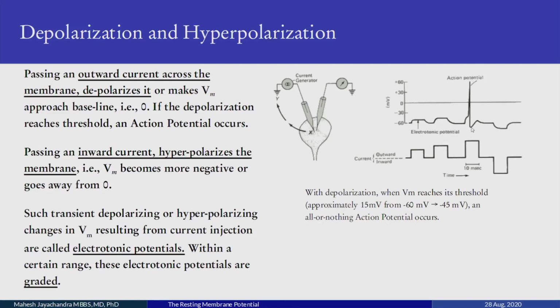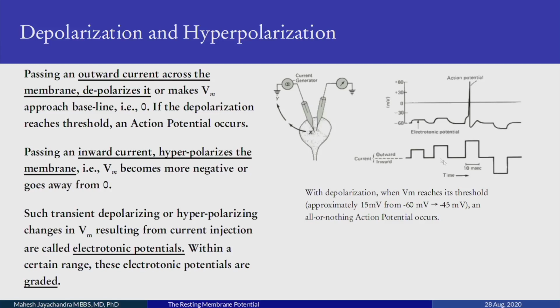The spike lasts about 1 millisecond or so, and it's all or none. Either you get it or you don't. You don't get half an action potential, you don't get double the action potential, you just get an action potential, right? Alternatively, if you pass current inward, the resting membrane potential goes below -60, and that's called hyperpolarization.